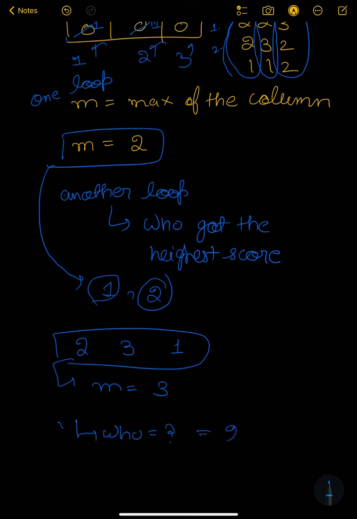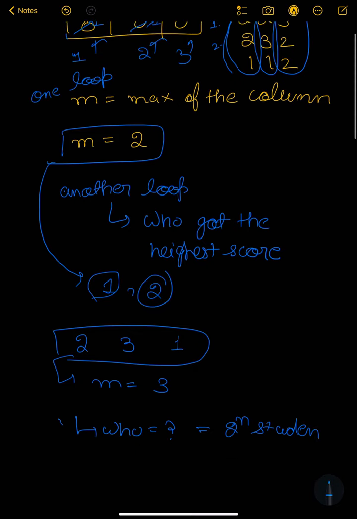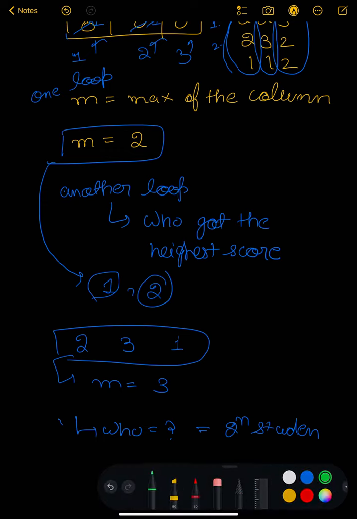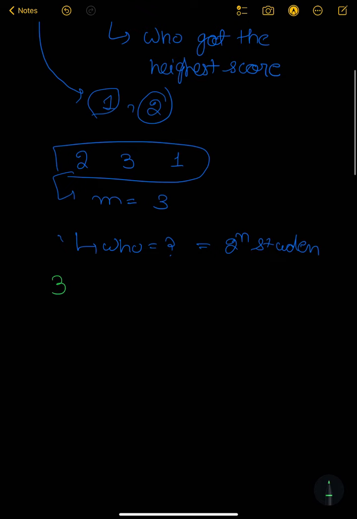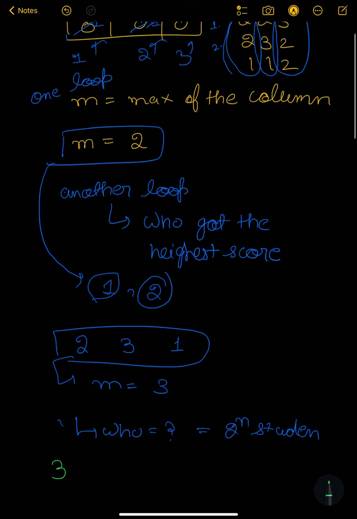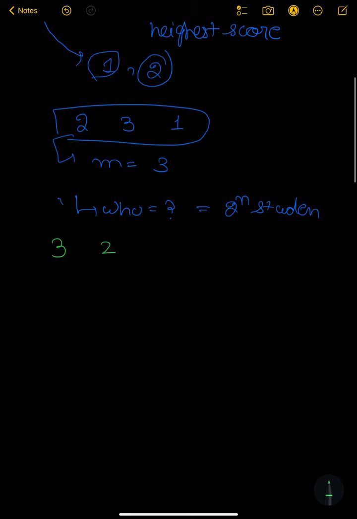Your second student. We go through the array and increase the value by +1, making it 2. Now let us go to the third column: 3, 2, 2.